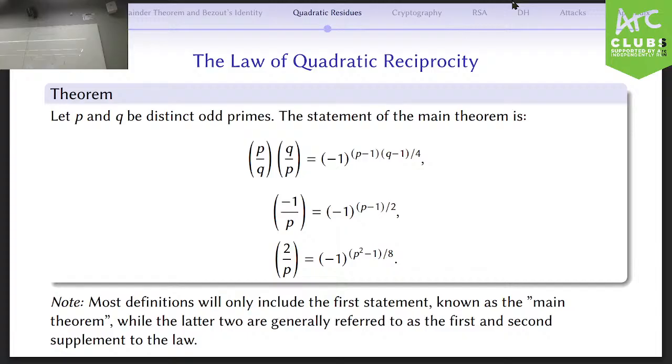For the even prime, and specifically minus 1, because any negative number can be changed into minus 1 times a positive number, we have these two supplements. They're not generally included in the main statement, but I've included them because they're going to be helpful. So minus 1 on p is equal to minus 1 to the power of (p minus 1) over 2, and 2 on p is equal to minus 1 to the power of (p squared minus 1) over 8.